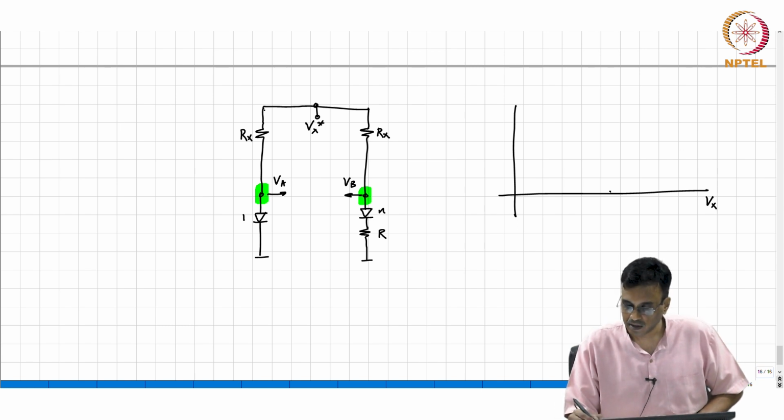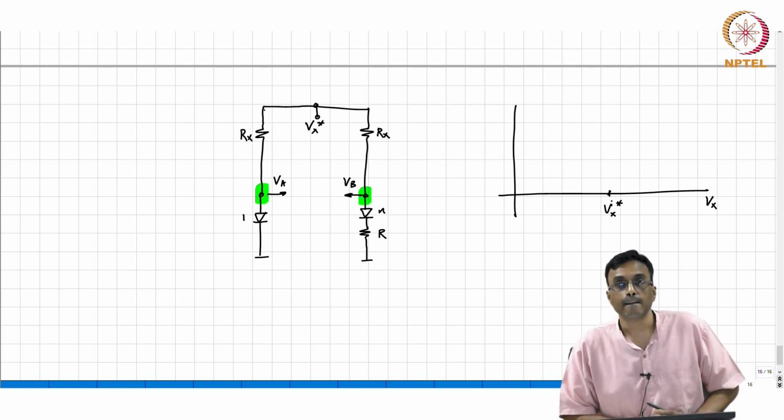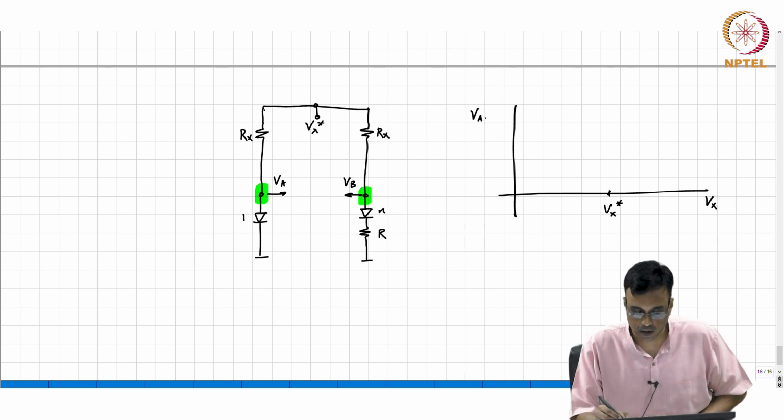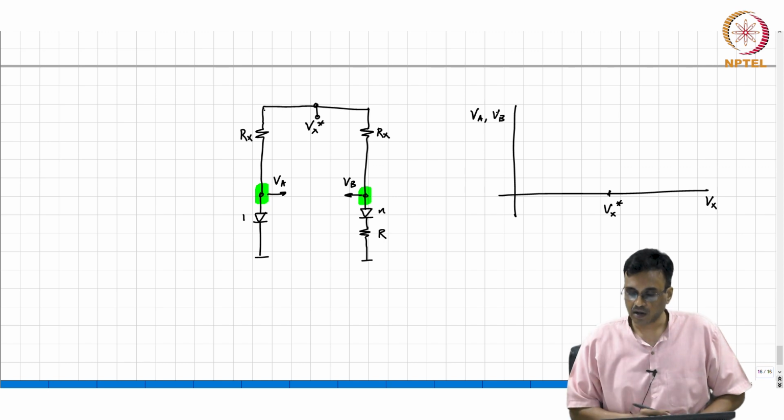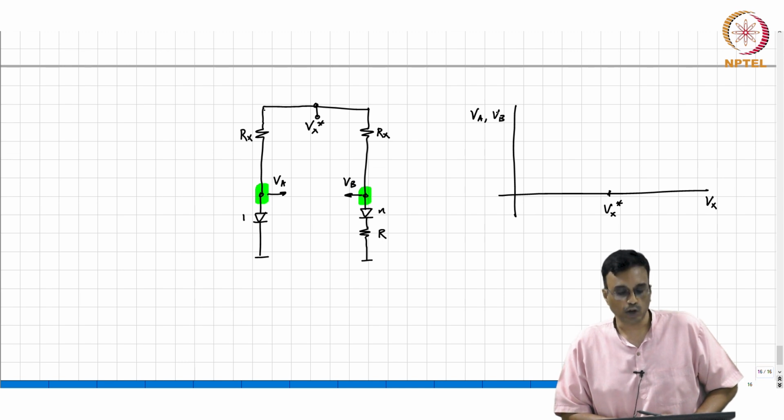Vx on the horizontal axis, very good. What about, pardon? We will draw Va and Vb. So for Vx very small compared to Vx star, what comment can we make about Va?